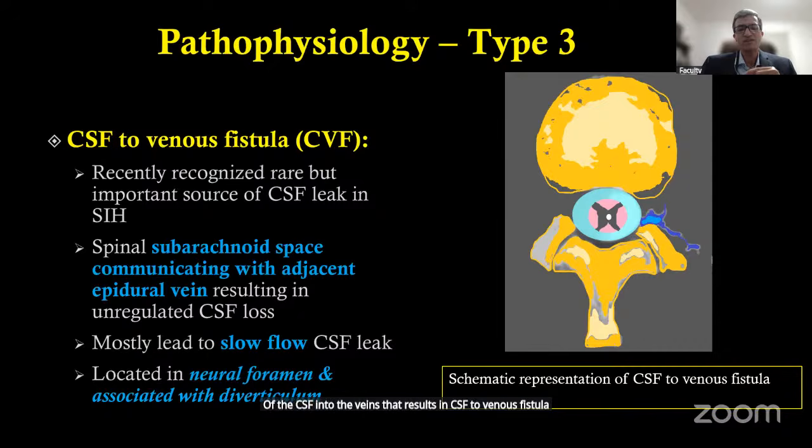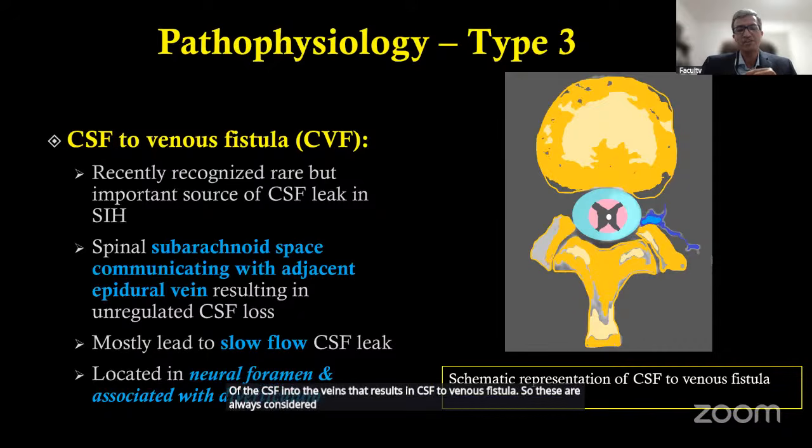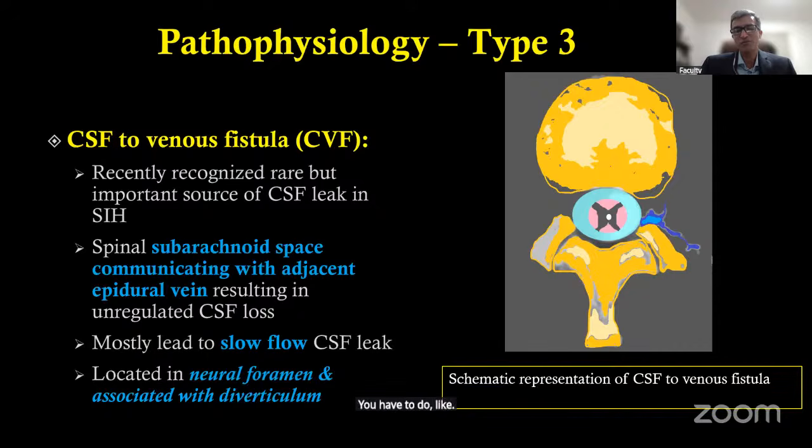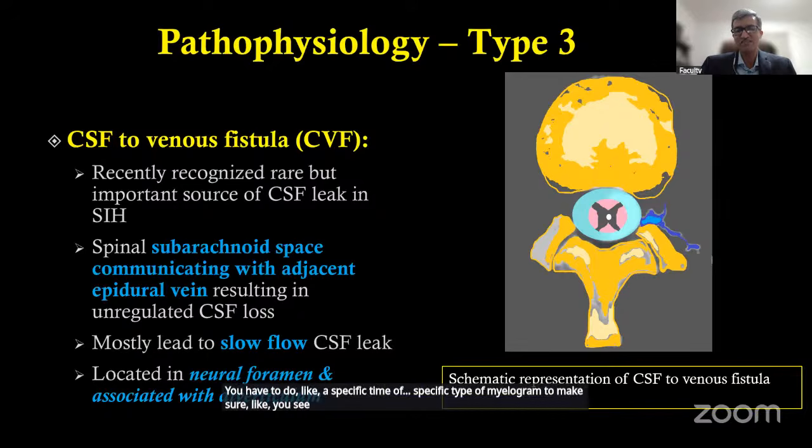So these are always considered slow flow, intermittent flow, and you do not have epidural collection in these cases. So on regular MRs, it's going to be as if there is no abnormality at all. You have to do a specific type of myelogram to make sure you see this entity, and these are the difficult ones to diagnose.